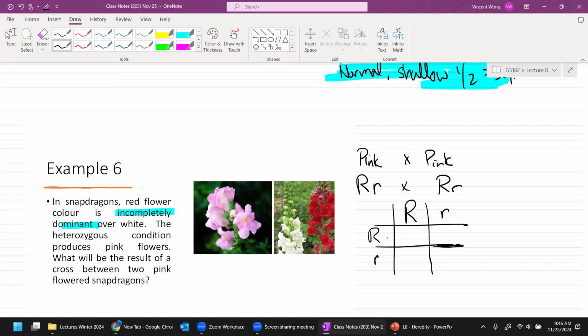Big R, big R, big R. What color is that? Red.